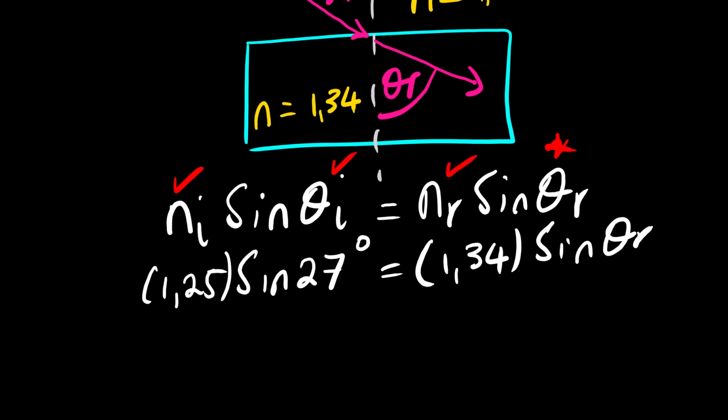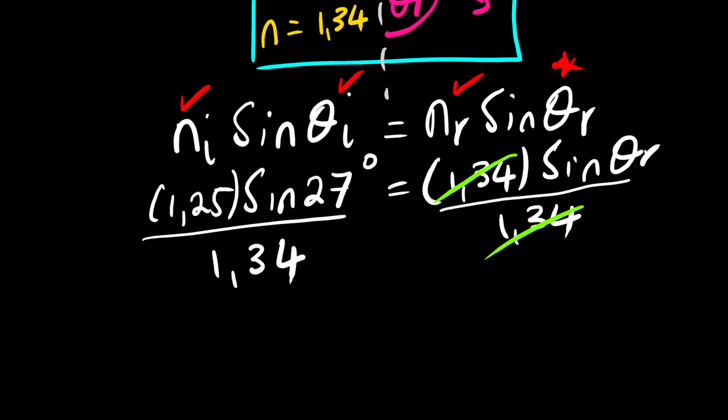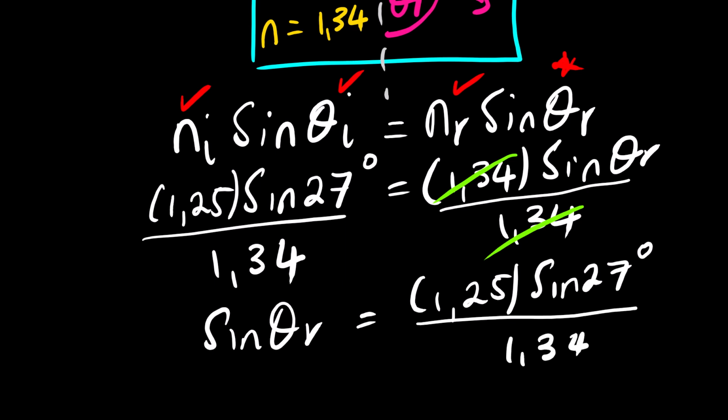So how do we do that? We divide both sides by 1.34. Now this will result in 1 multiplied by sine theta R, which is sine theta R, equals 1.25 sine 27 all over 1.34.